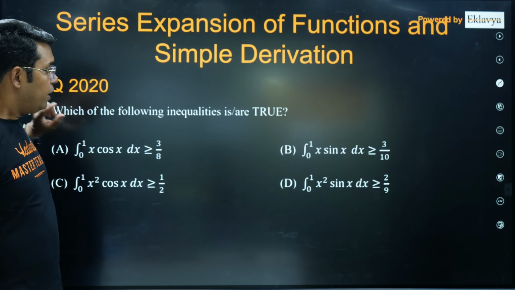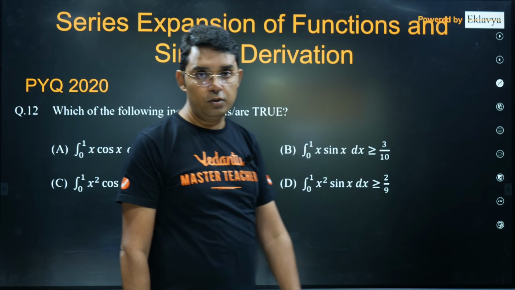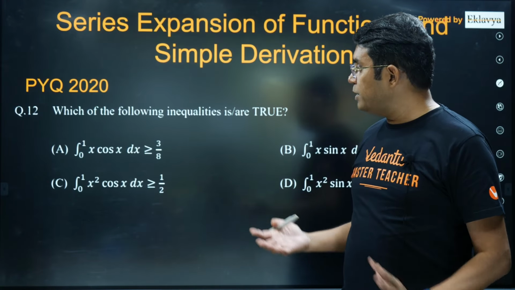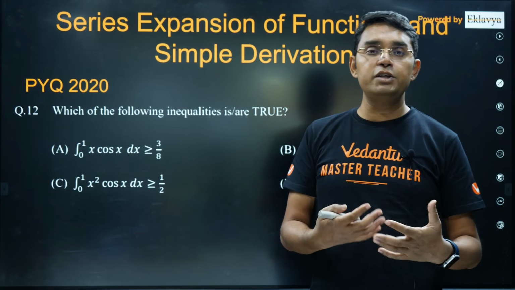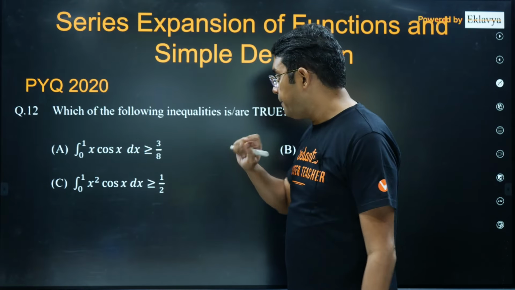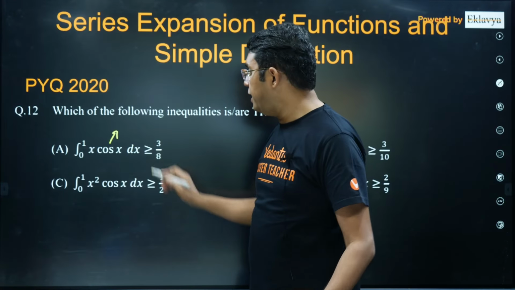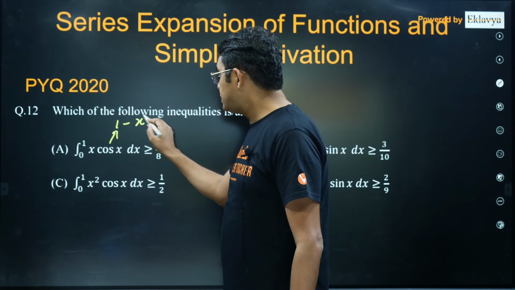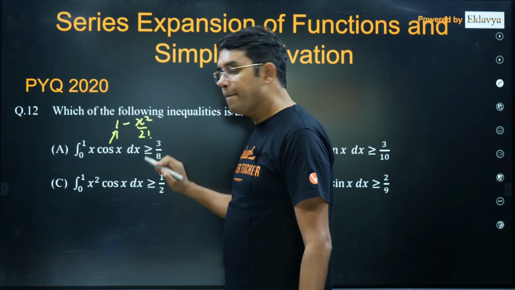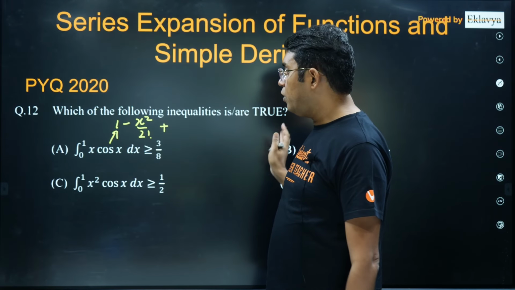Now I'll show you how this question was totally based on expansions. Some people say that expansion was not explicitly part of the JEE syllabus, but you can see it has been asked here. Now the first part: because we know cos x, if I write the first two terms, it is 1 minus x square upon 2 factorial, and then there is a plus sign, x power 4 upon 4 factorial, and so on.